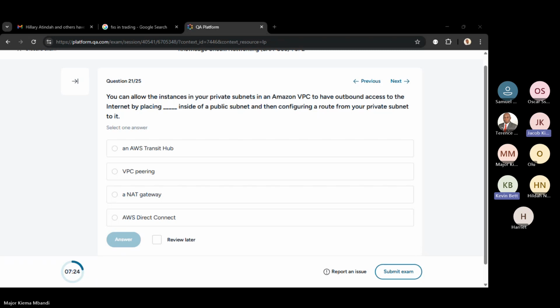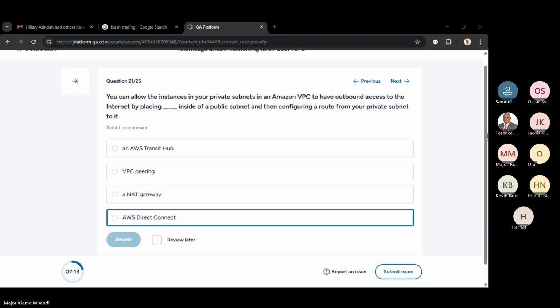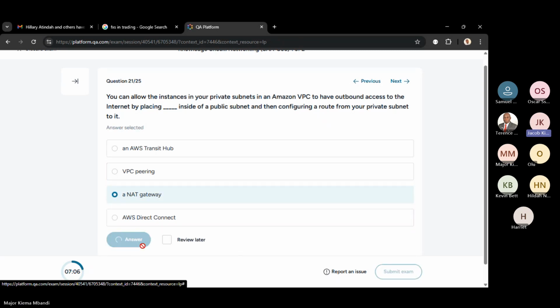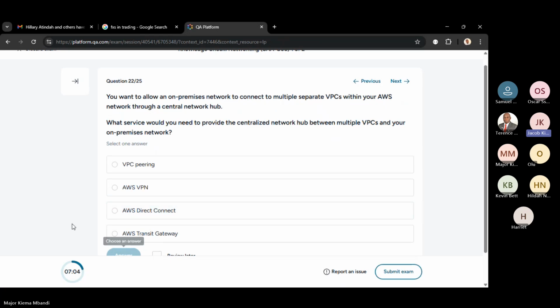Option 2, VPC peering. Option 3, a NAT gateway. And option 4, AWS Direct Connect. Olu, you can put your answer in the chat. It's saying C. Okay. We move, yes. There is no contention.